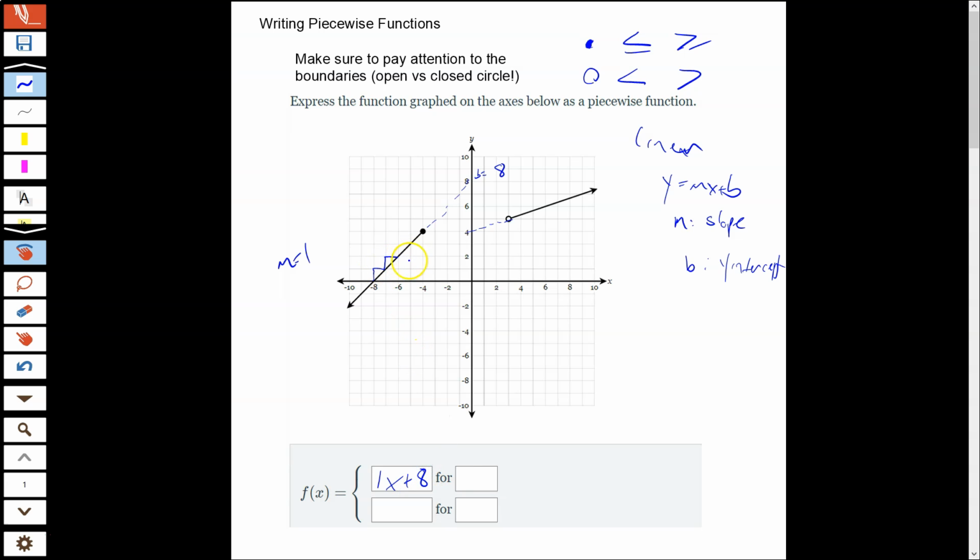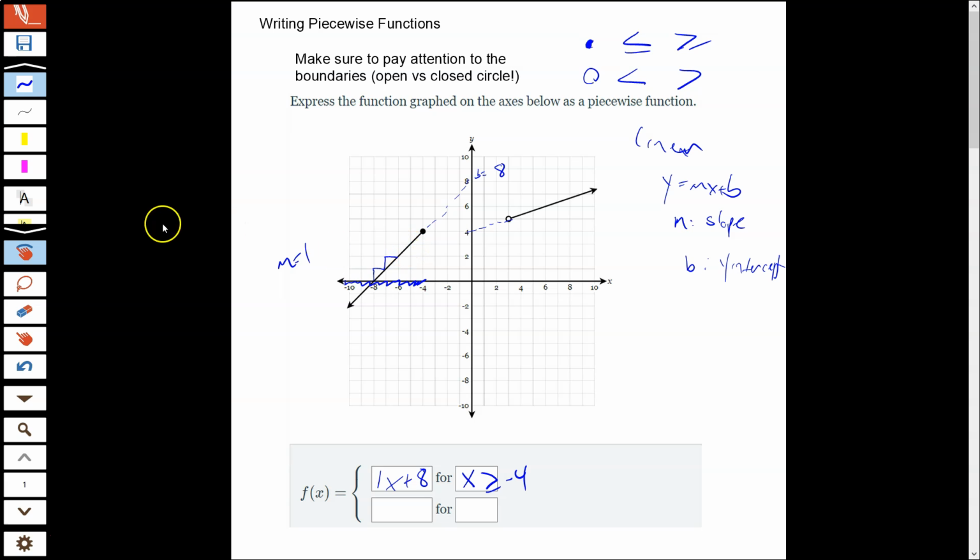And then my region, well, this is every x less than -4, so I'm going to highlight it on the x-axis so you can see it. And also x equals -4. So a closed circle gets a line, right? x is greater than or equal to -4.